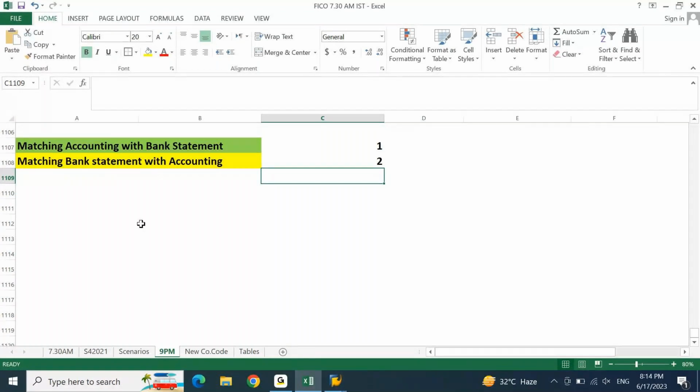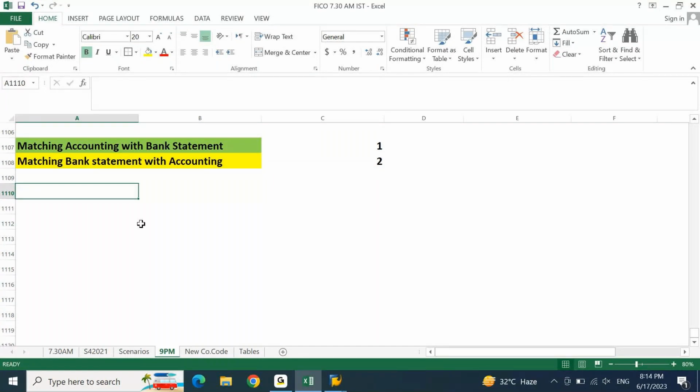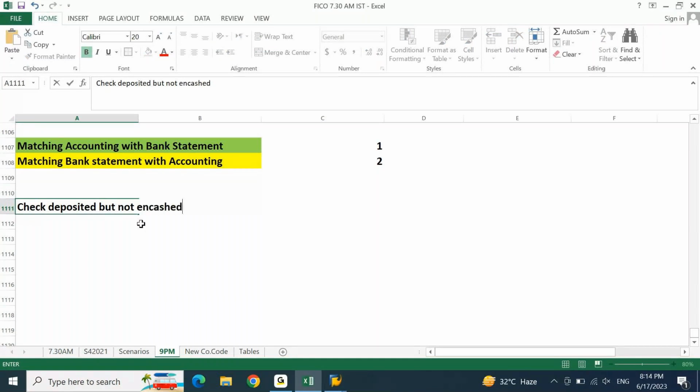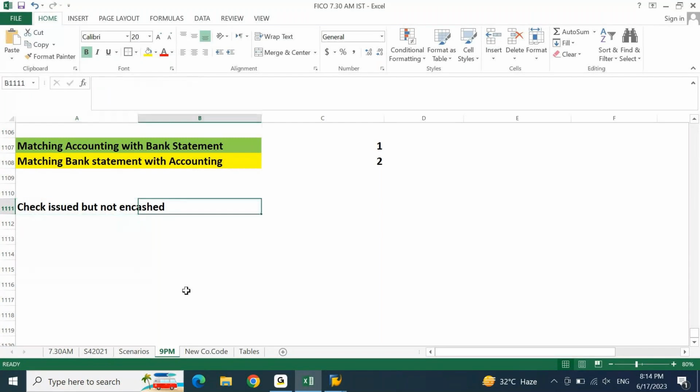Yes. Now, when you say check deposited but not encashed, correct? Check deposited, check issued, is this your query? If a check is issued and it is not deposited, is this part of your bank statement or not?